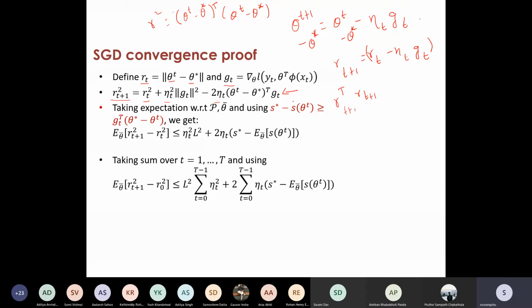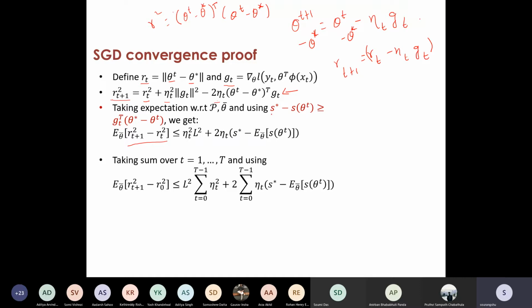Next, we want to derive an upper bound over this. How do we do this?